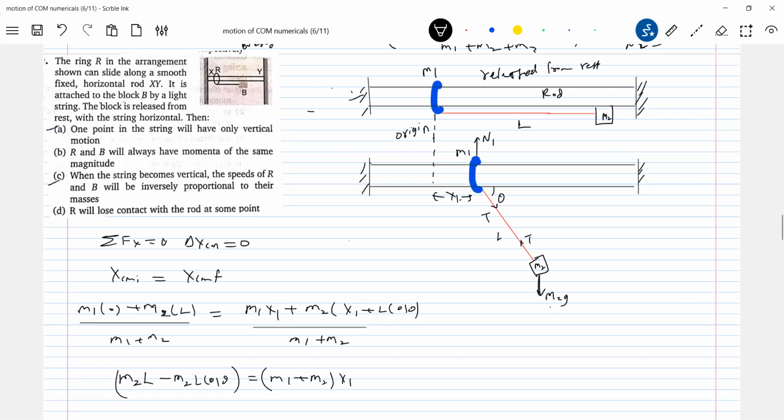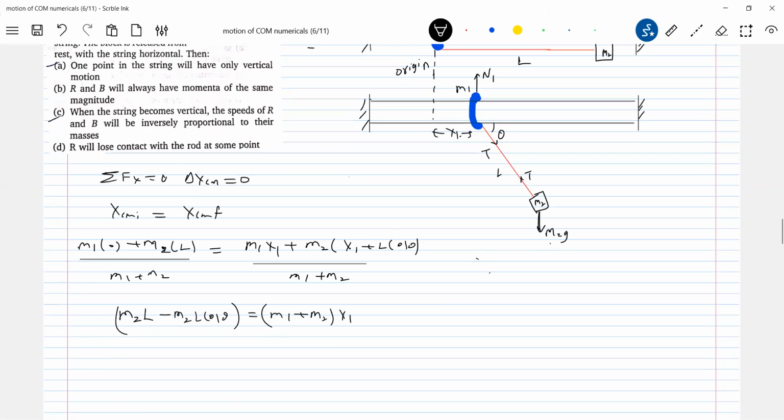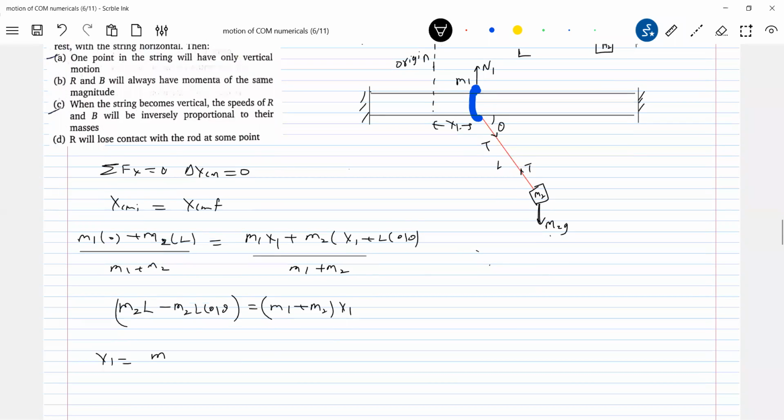This M2L cos theta, I'll bring it on this side. So what is x1 equal to? x1 is equal to M2L times (1 minus cos theta) divided by (M1 plus M2). What is this? Displacement of the ring.